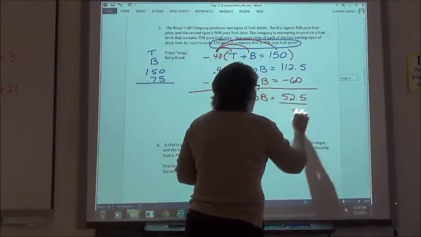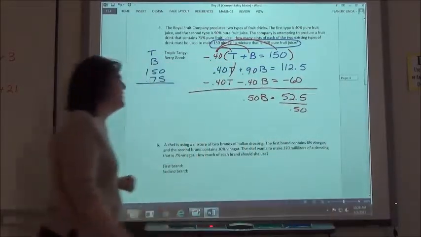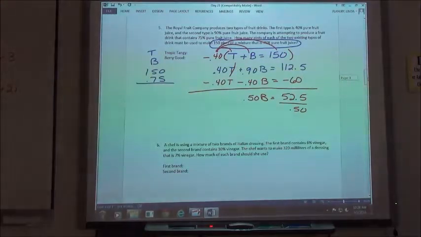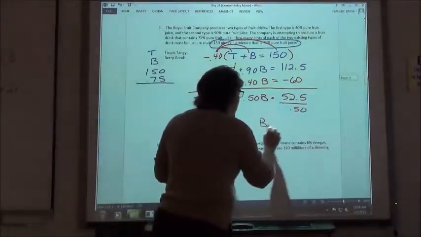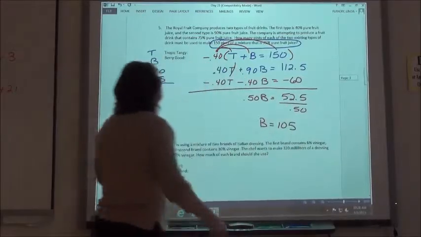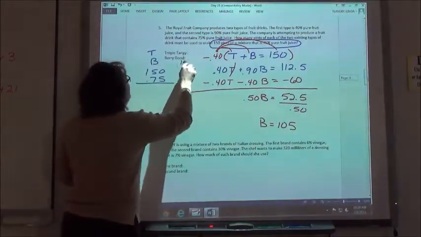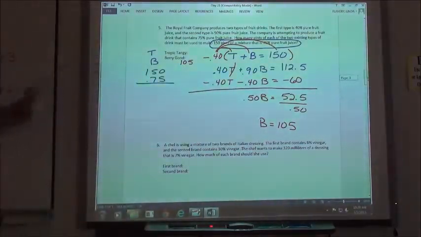Now if we divide by our 0.50, B equals 105. I didn't think the full amount was going to be all 150. We know that the sum of our two was 150, right?